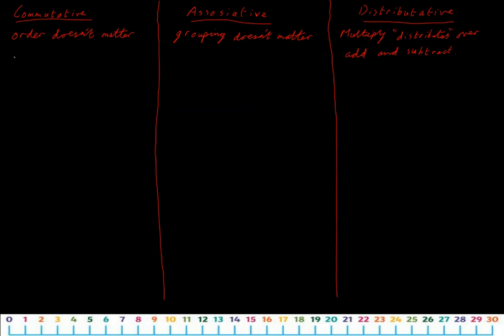Well, if we cast our minds back to sets, and we had A union B, we found A union B for a bunch of different sets, and we found that it was the same as B union A. It didn't matter which set we wrote down first, because B union A is the same as A union B, and likewise A intersection B was always the same as B intersection A. So we always found that those two were going to be the same as each other.